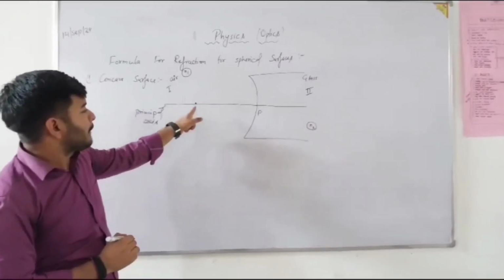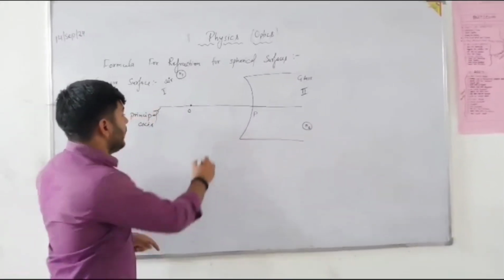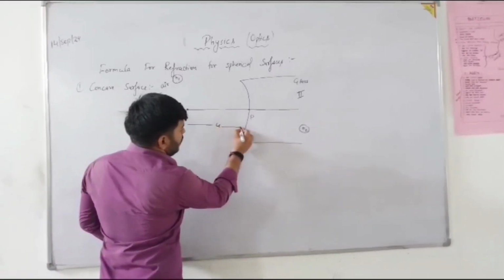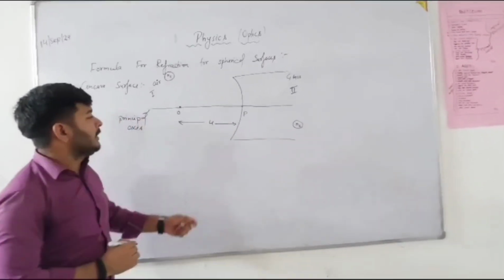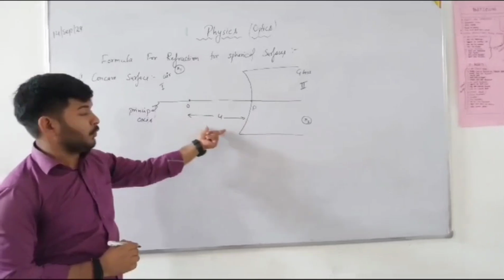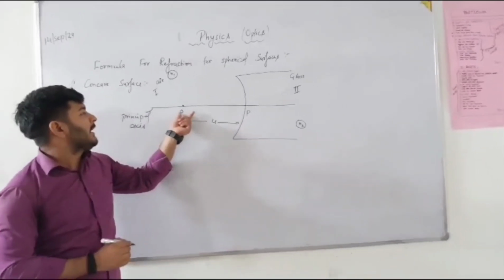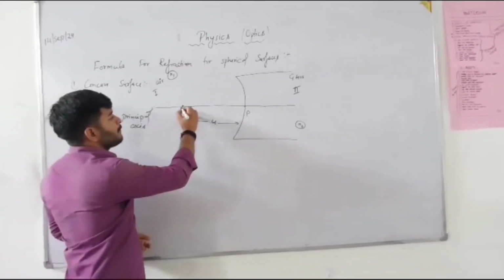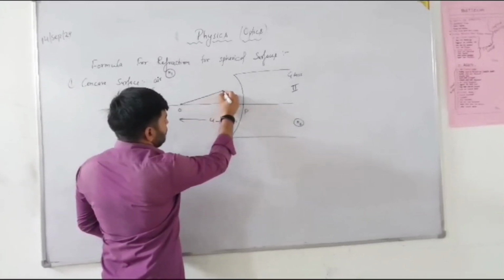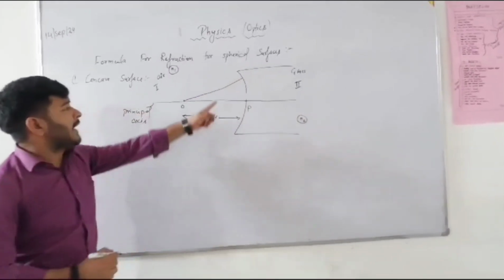The distance from the point particle to the pole is U. So light is coming out from this point O like this and hits the spherical surface.